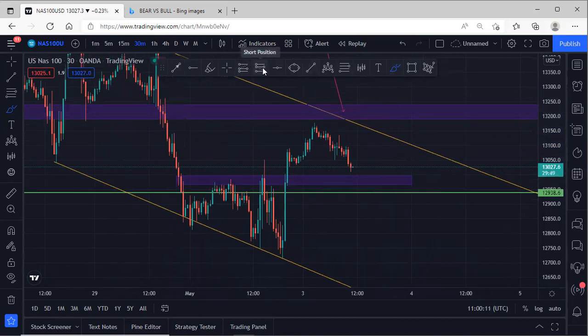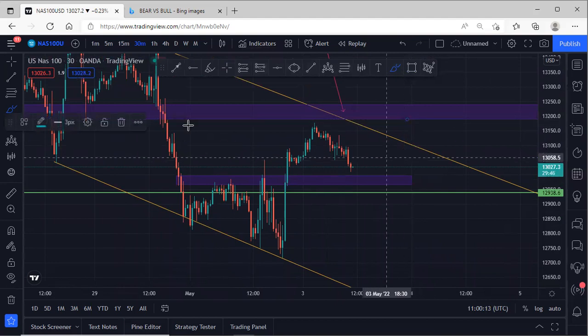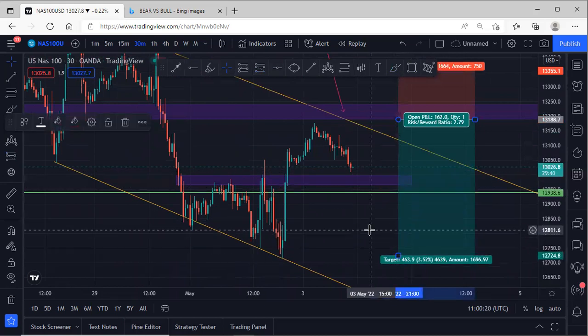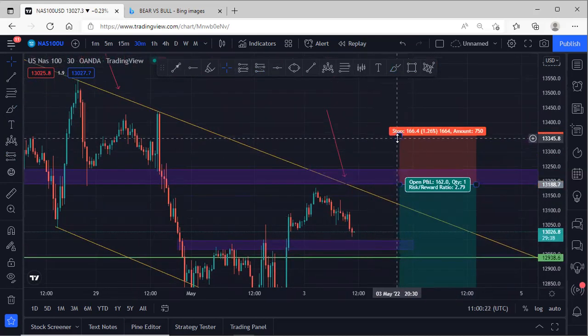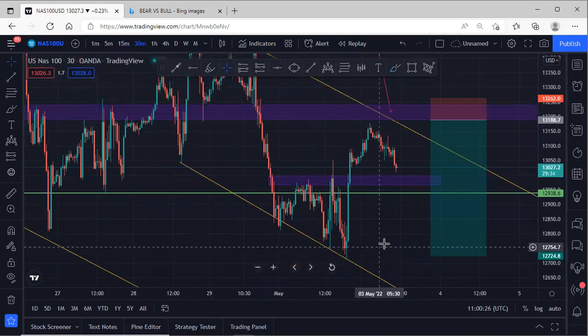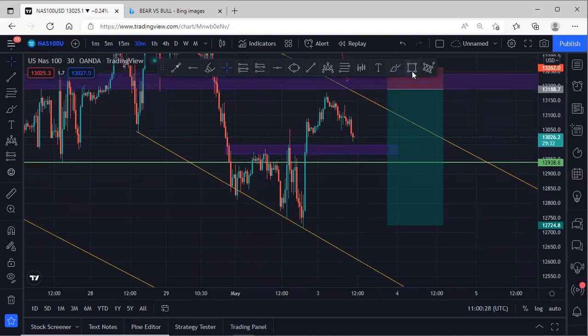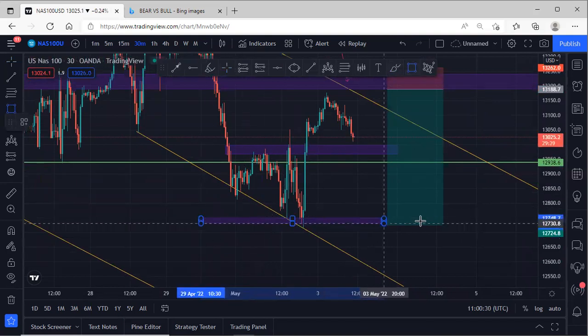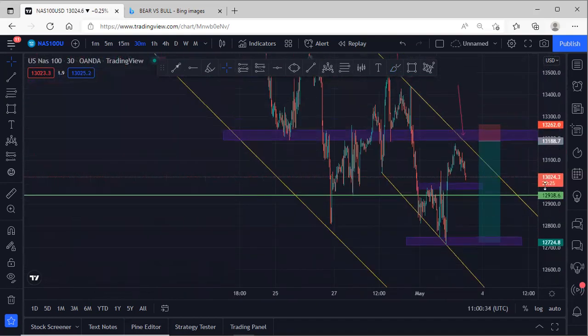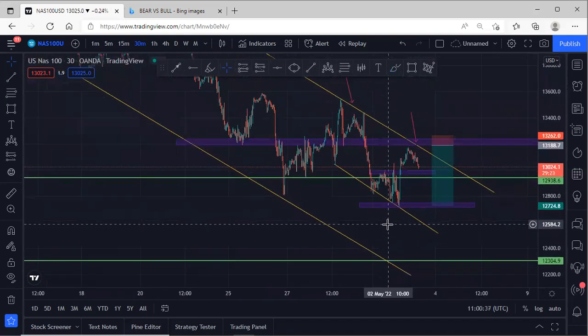So the setup that I'm going to be comfortable trading is this one, whereby the market comes back to touch this resistance area, and I'll take my profits around these areas. This is one move that I'll be comfortable trading.